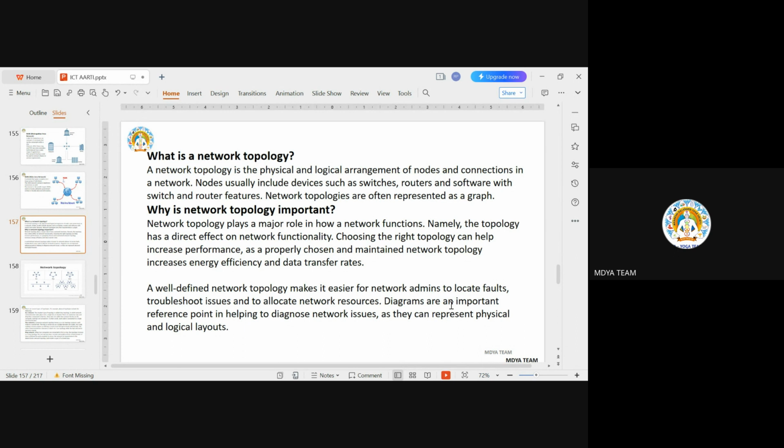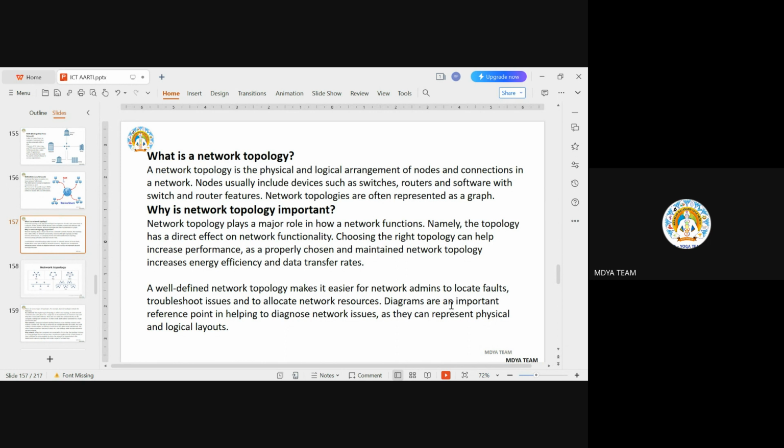In a building, there are also the first floor, second floor, third floor, and the computers are connected through wires. This is how a network is connected, by the network topology.